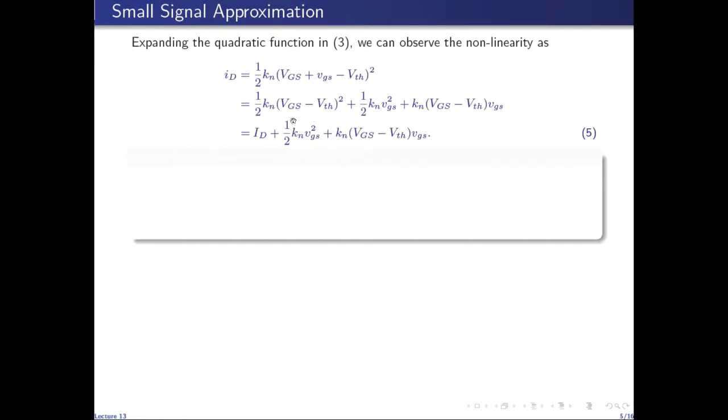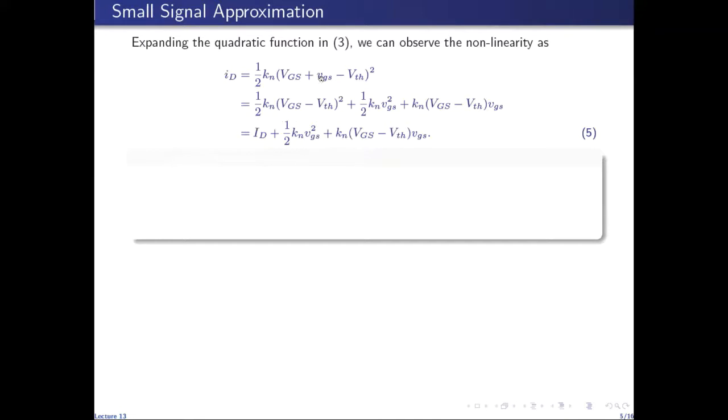So by rearranging the terms, I get this equation. Here I have replaced this component with I_D, because we can recognize this as the DC component of the drain current. So this is the response of the MOSFET to the DC voltage V_GS.